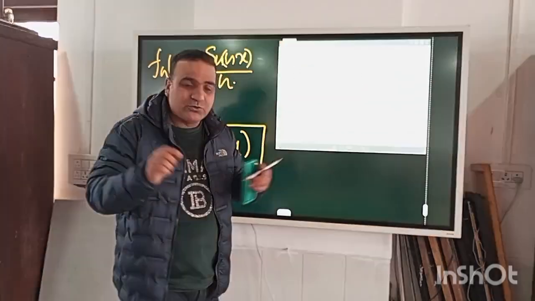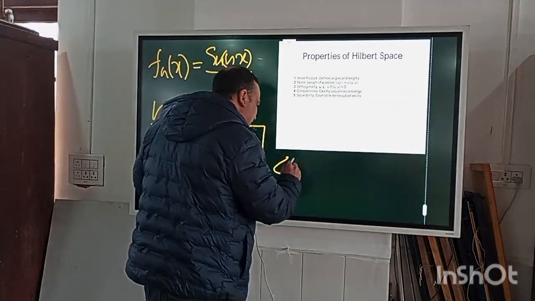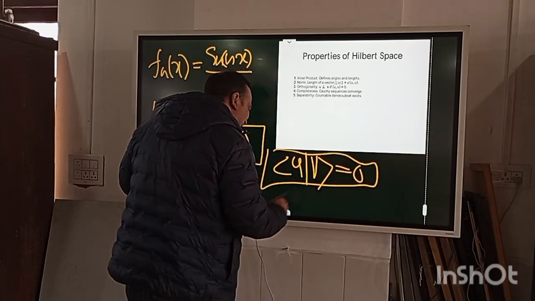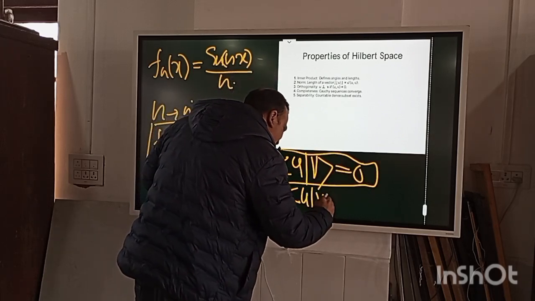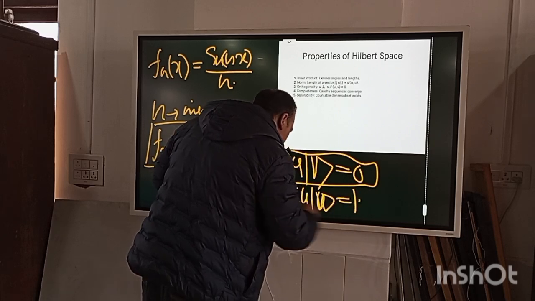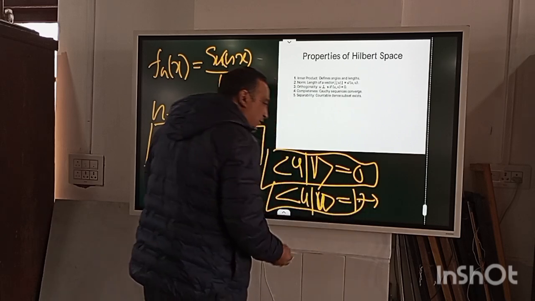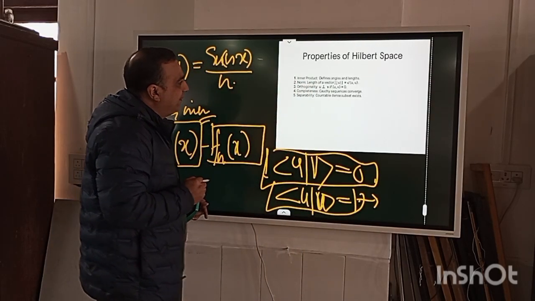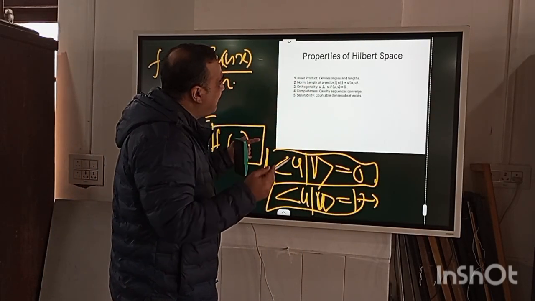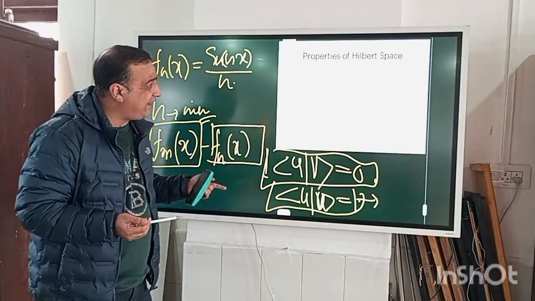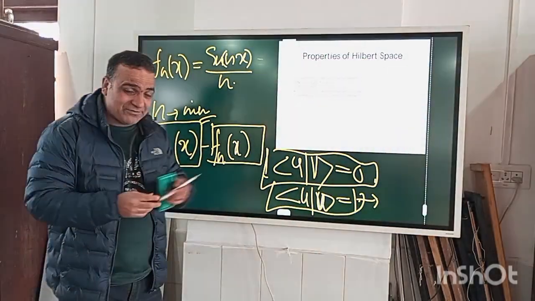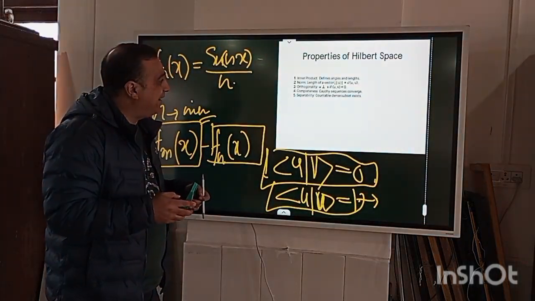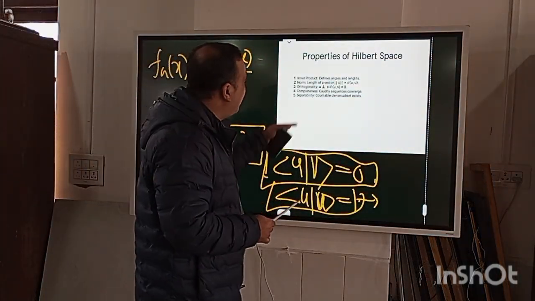So if we take these two states as u and v, their inner product must be equal to 0. At the same time, the inner product of the same state must be equal to 1. This one leads to the normalization, and this one leads to orthogonality between these two state vectors. And the completeness, I tried to explain in terms of the two people in a foggy ground somehow managing to meet each other.